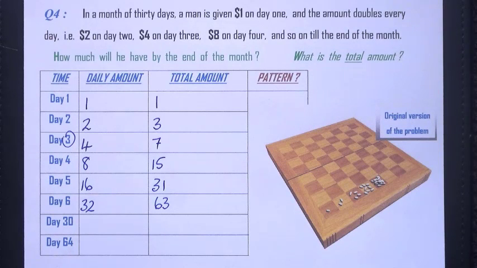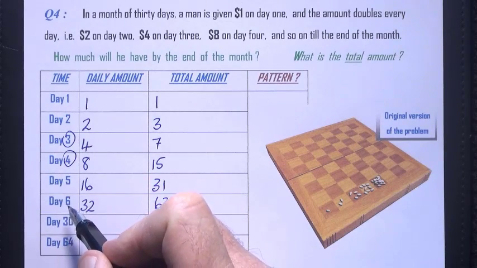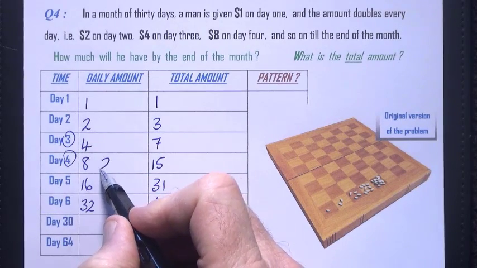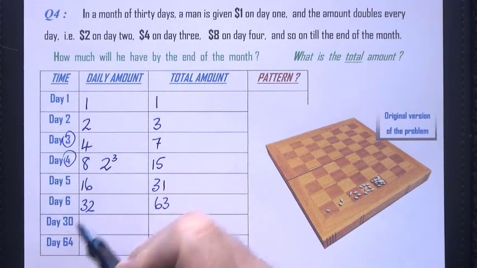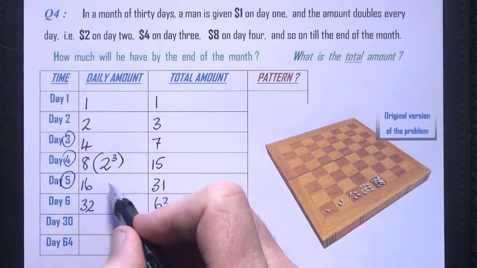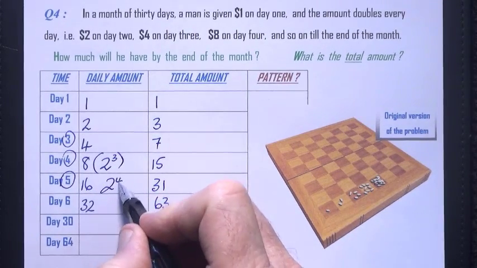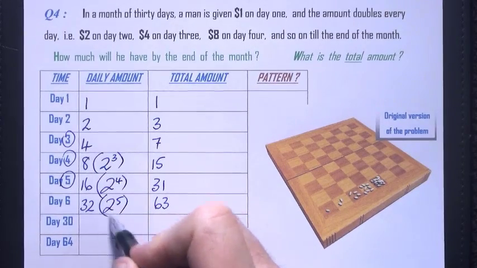Well, the first thing I see is that, say day 4, that happens to be 2 cubed. And on the 5th day, it's 2 to the 4th power. And on the 6th day, it's 2 to the 5th power. There's a pattern.